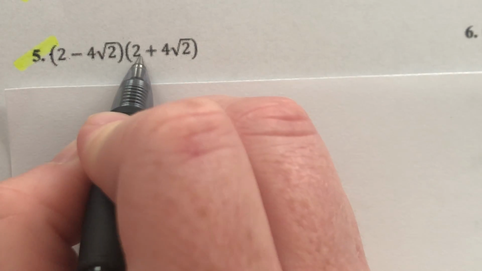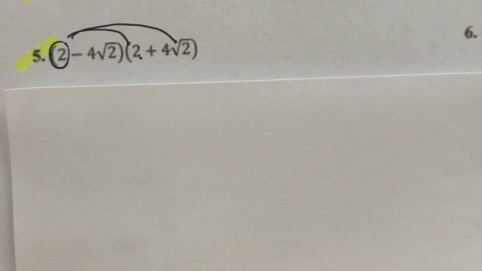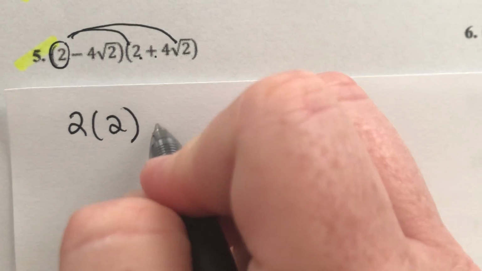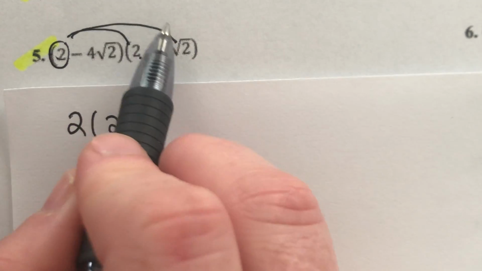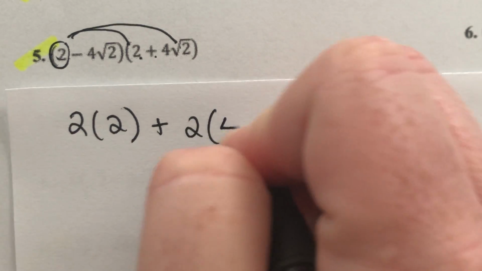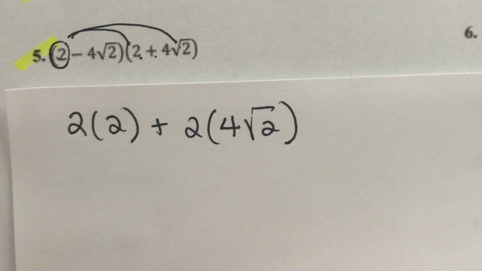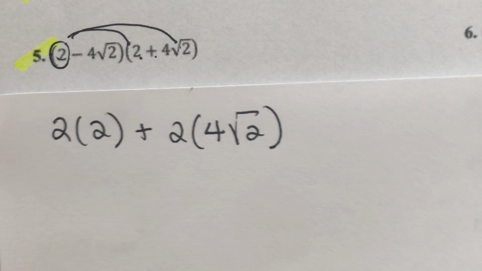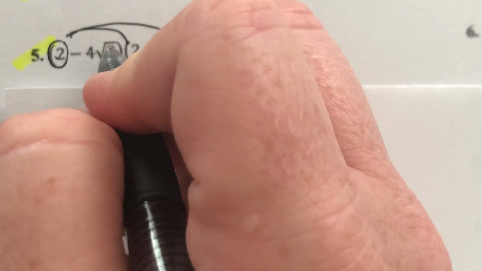All right, so we've got 2 times 2, we're distributing this guy to both of these terms. So 2 times 2, bring my sign over, plus 2 times 4 square root of 2. There's the first part. Then I want to distribute the second term.